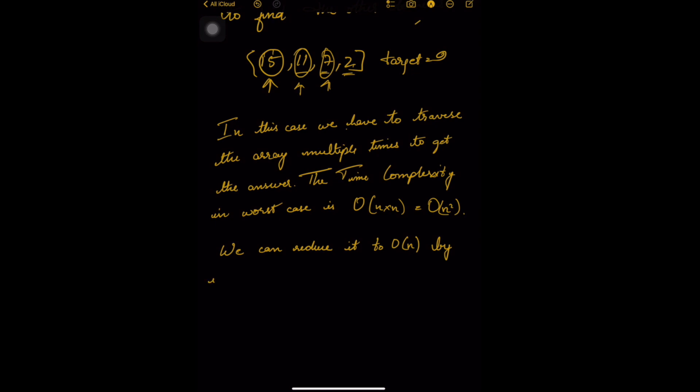What we're going to do is keep the data in a map, and in the map we'll keep track of the value as well as the index at which it occurs. So next time we can just search for the element that we need to get the target sum.